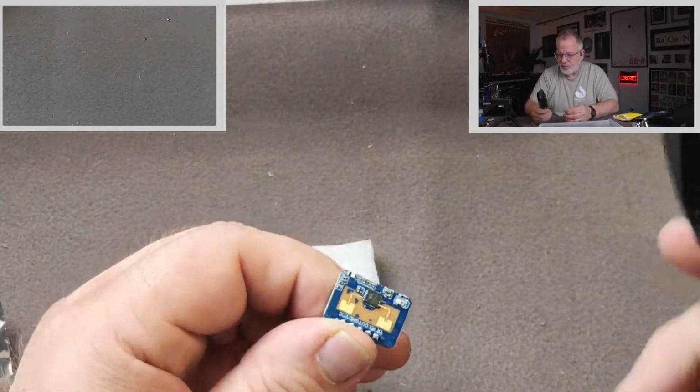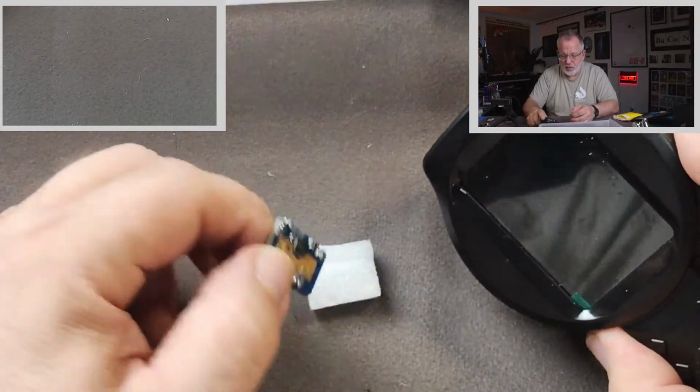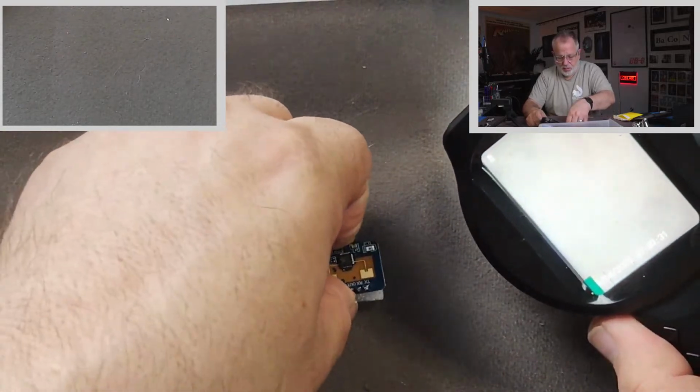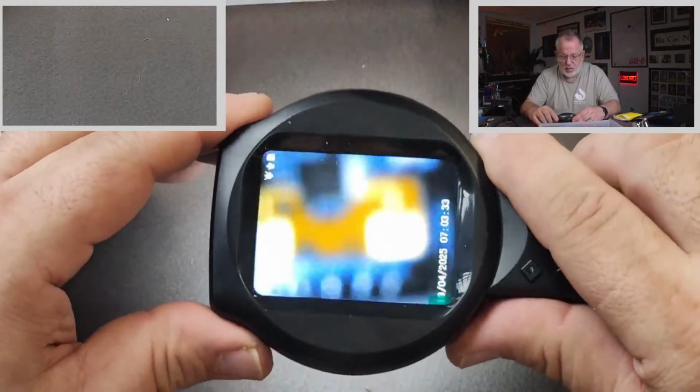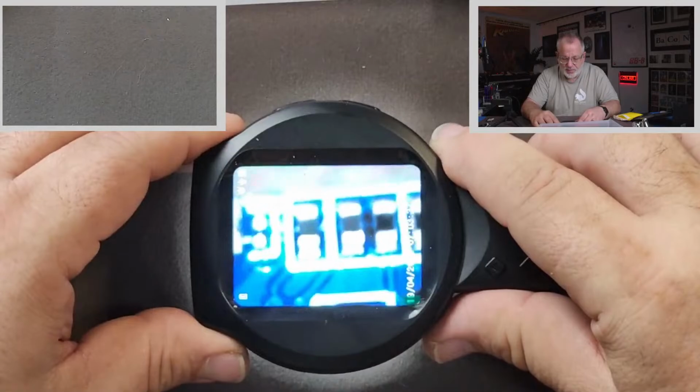Let's take a quick look at this. I would have prepared, but I forgot this was even in here. So this is the human presence sensor.